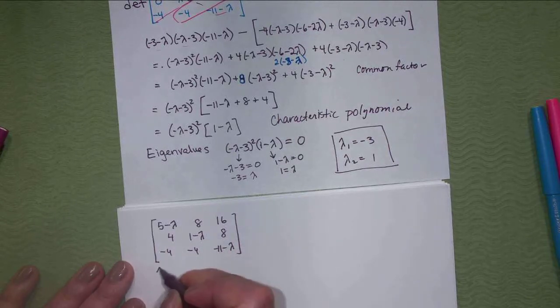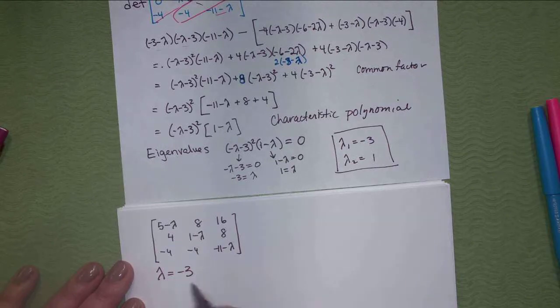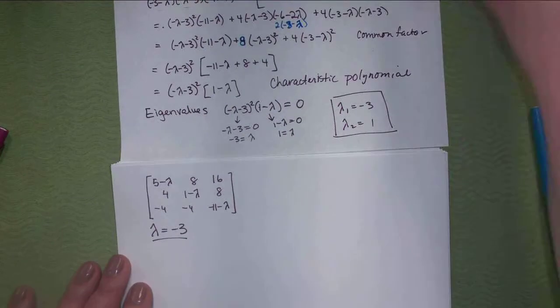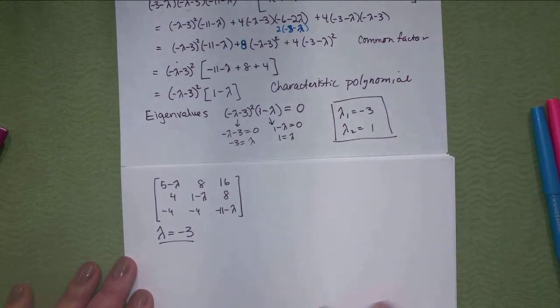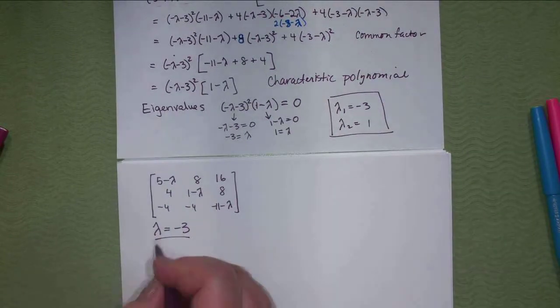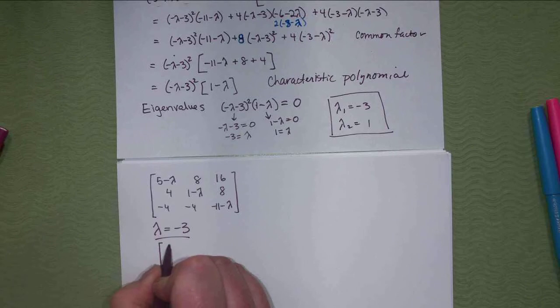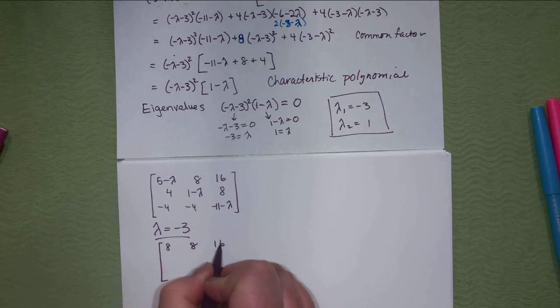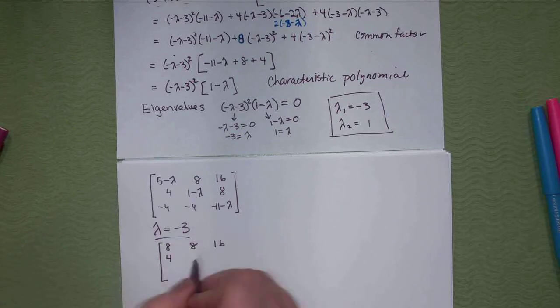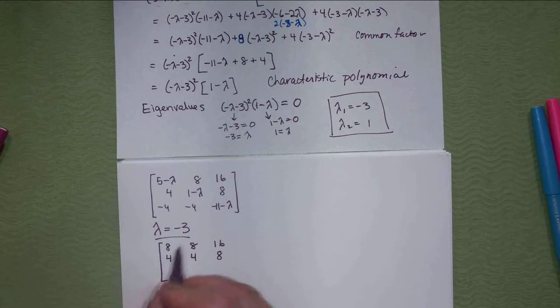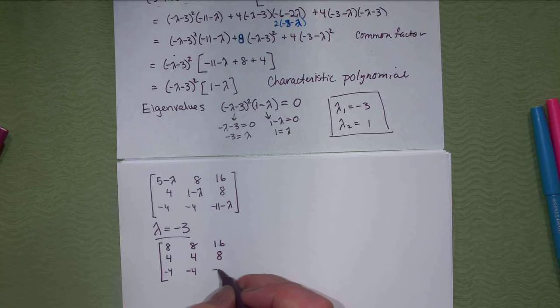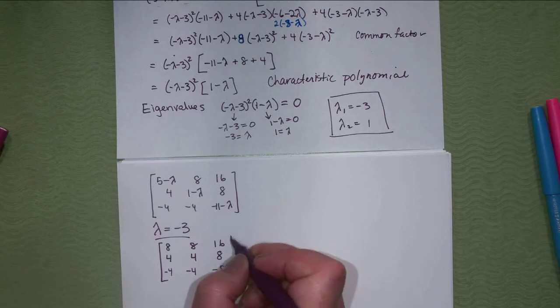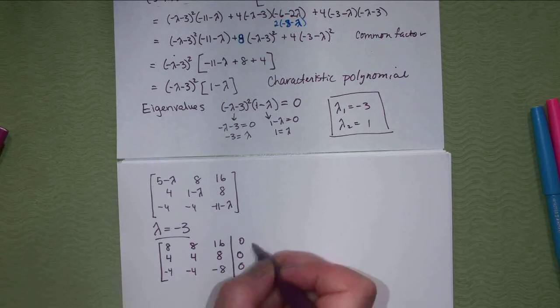Okay, so for lambda is negative 3, plug negative 3 in. Minus 8. Augment it with zeros and row reduce.